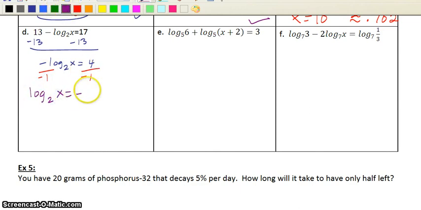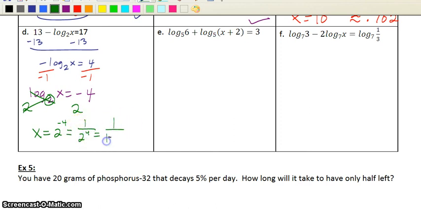Alright, and now I'm at the stage where my log is by itself. This time it's a base of 2, so I'm going to take both things as powers of 2. So x equals whatever 2 to the negative 4th power is. And that is 1 over 2 to the 4th, if you remember our exponent properties. So 1/16 is our answer for that.